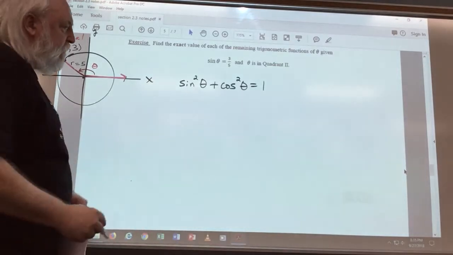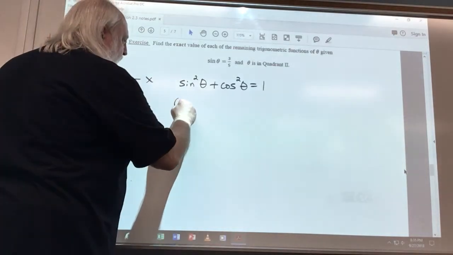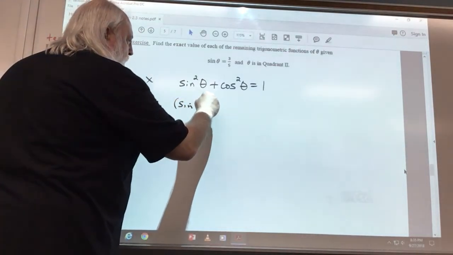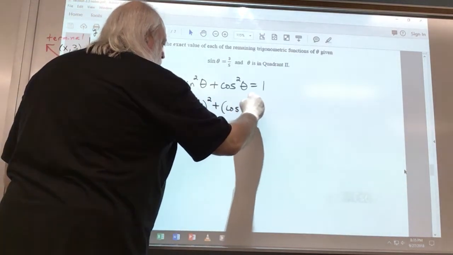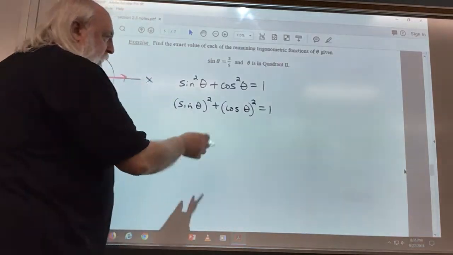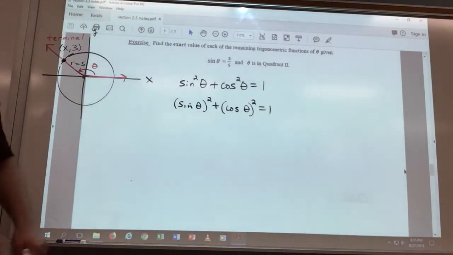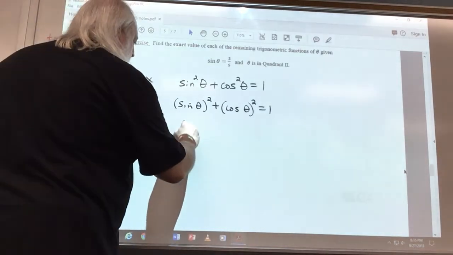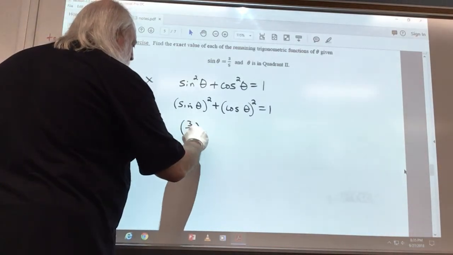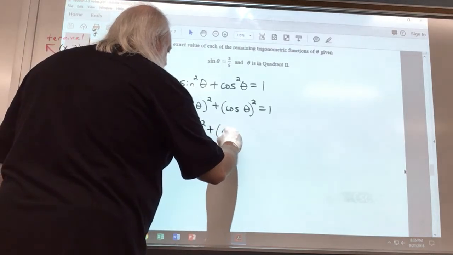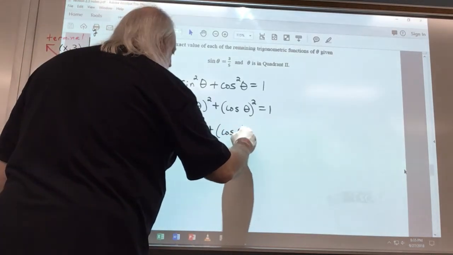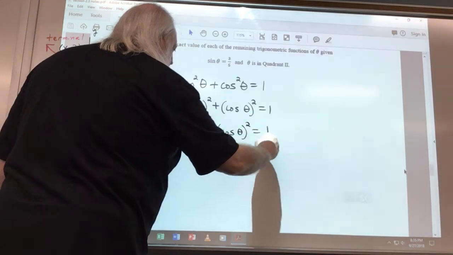So how this is read is sine theta quantity squared plus cosine theta quantity squared is equal to 1, right? That's how that's read. Well, if I put in 3/5 for sine theta, I have 3/5 squared plus cosine theta squared is equal to 1.